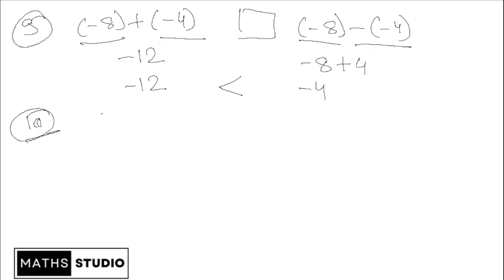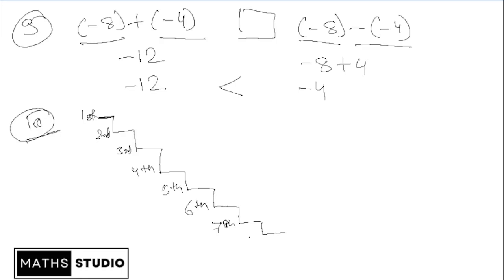Let us get back to question number 10. It shows there is a monkey who is on step number 1. This is the first step, this is the second step, this is the third, fourth, fifth, sixth, seventh, eighth, and there is one more step, the ninth step.